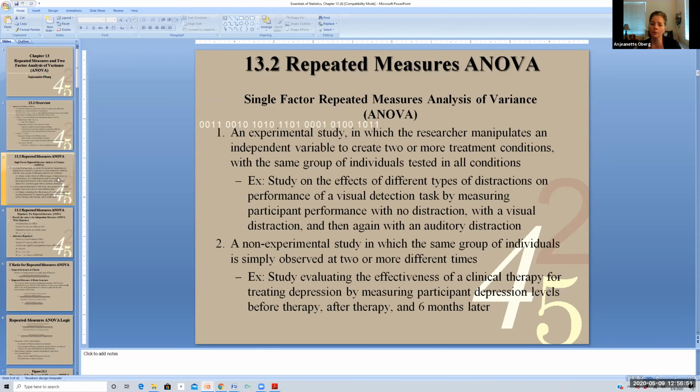Okay, so when we talk about a single factor repeated measures design, we're looking at a research design that can either be with an experimental study where there's manipulation of that independent variable and you're randomly assigning people to groups, or there can be non-experimental independent variables or quasi-independent variables where the two groups are already formed and then you're just making comparisons across those groups.